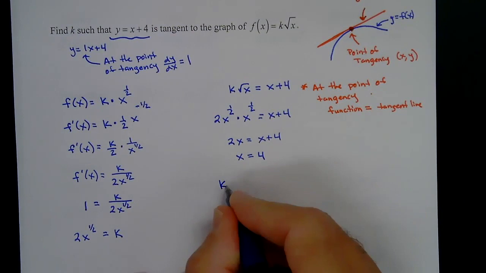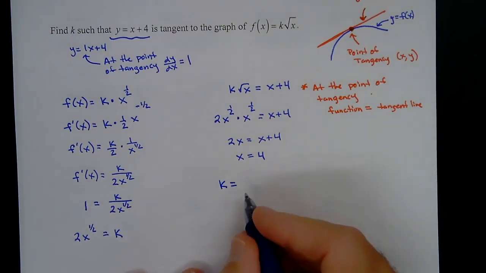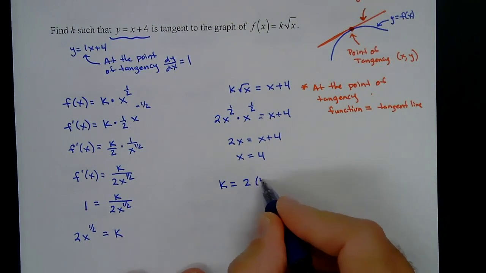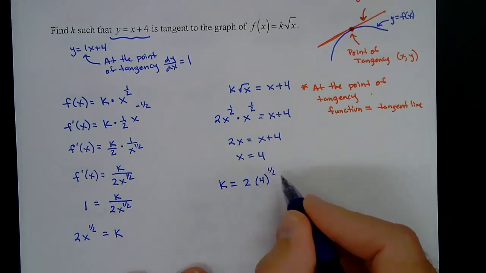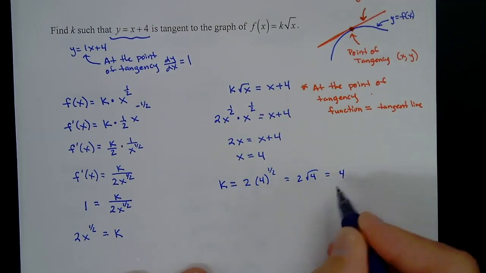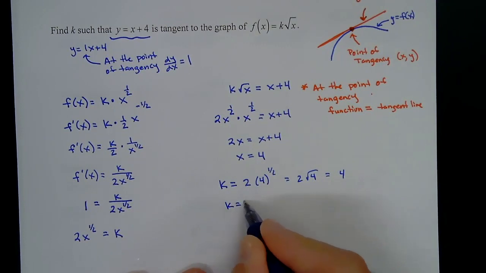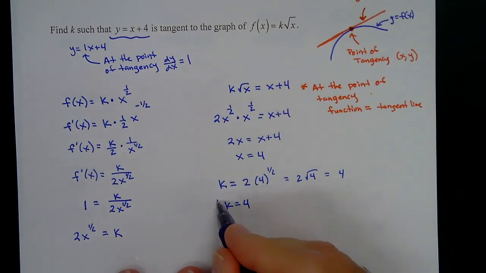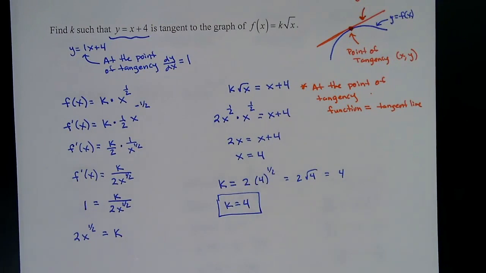So k is equal to 2 times 4 to the 1/2 power. Well, that's just 2 times the square root of 4, which is 2. So 2 times 2 is 4. Our k is 4. Okay? And that's the answer to this problem. That's all we needed to know.